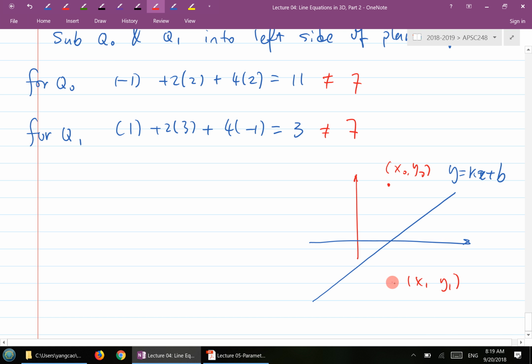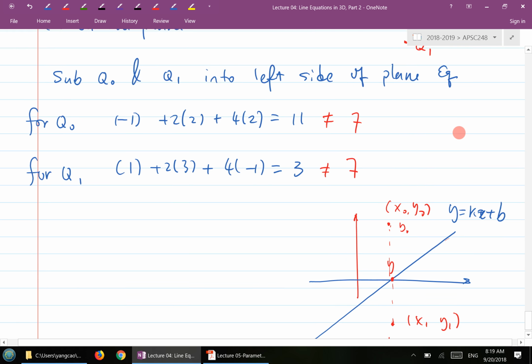So if I have this point, this is your y1 here, and this is your point y on the line here, you can literally see this y1 is less than the point on the line, so it is at the bottom. And you can see this y0 here is more than this y here, so y0 is on the top.